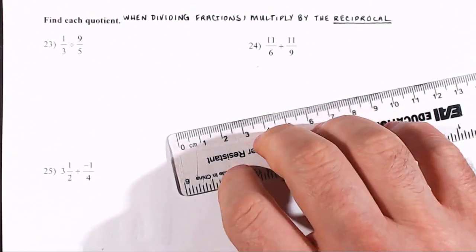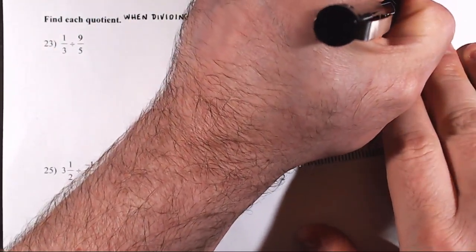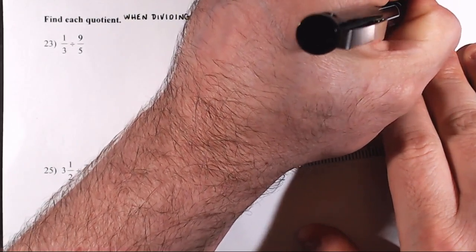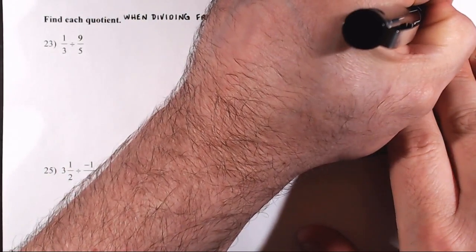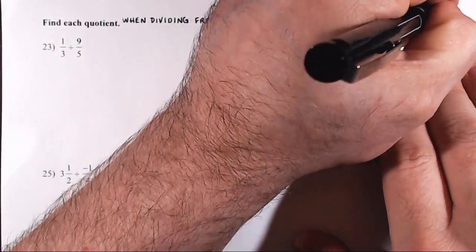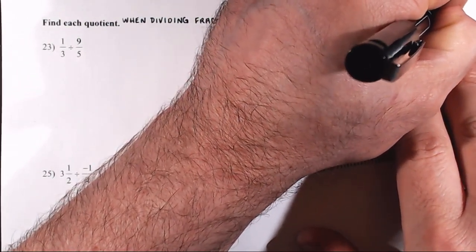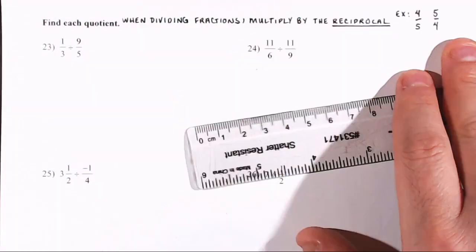So if I have an example here, for example, if I have 4/5, the reciprocal of that is 5/4.